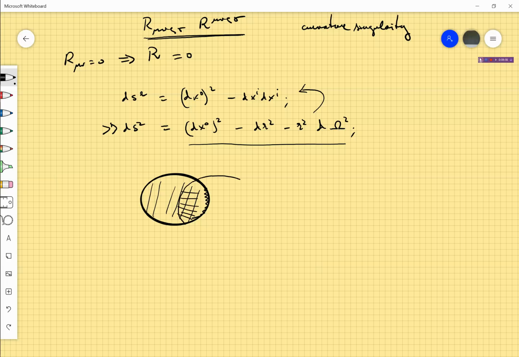But sometimes these coordinates are good in a larger region, which includes this place. Then you have proven two things. If the new coordinates are also regular here, you have proven that the metric was already regular here, that there was a problem with the original coordinates, but you also have extended the metric. This is called an analytical extension.